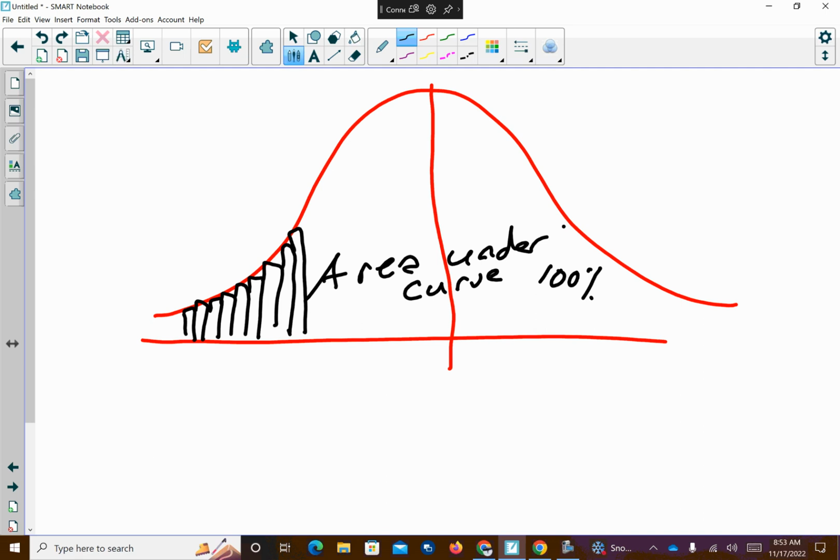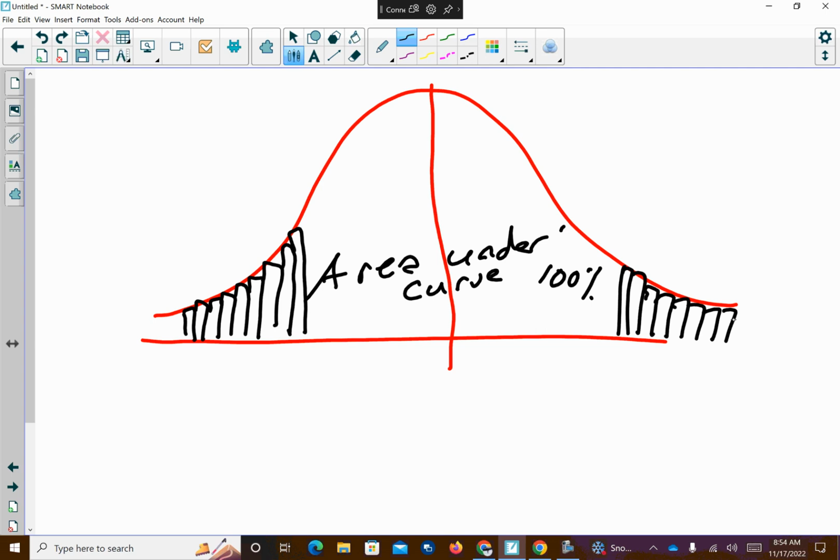And these rectangles do exist on both sides. There's also things in calculus called the trapezoidal rule, which makes different shapes underneath. Each one of those rectangles should have the same width, but they're going to have different heights.